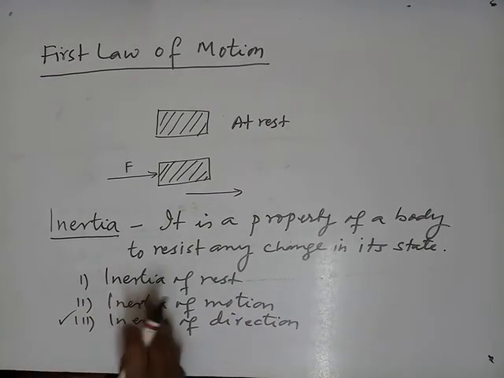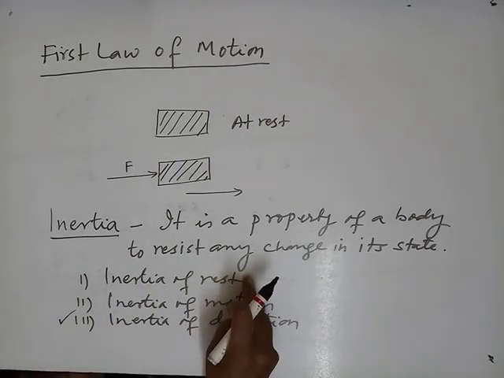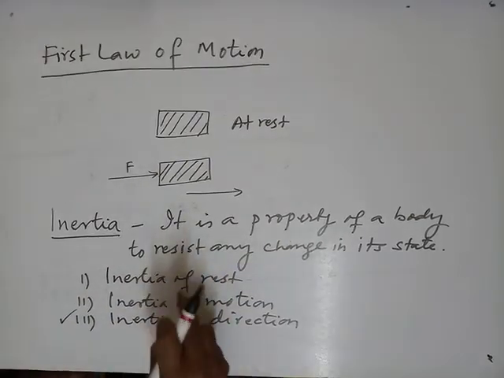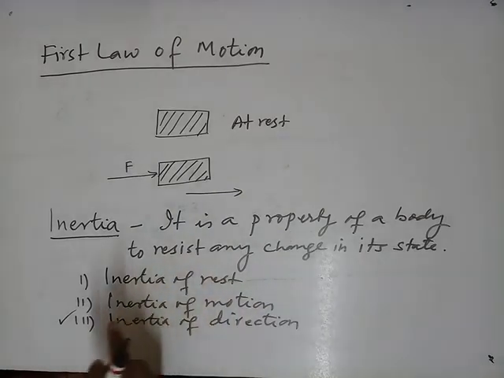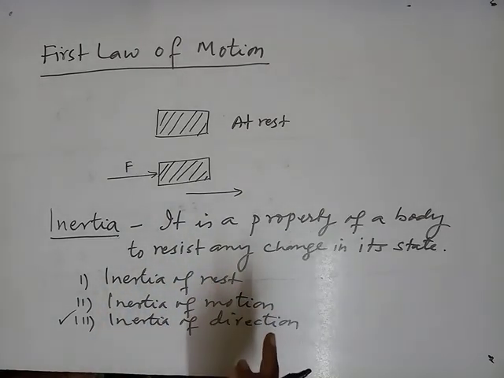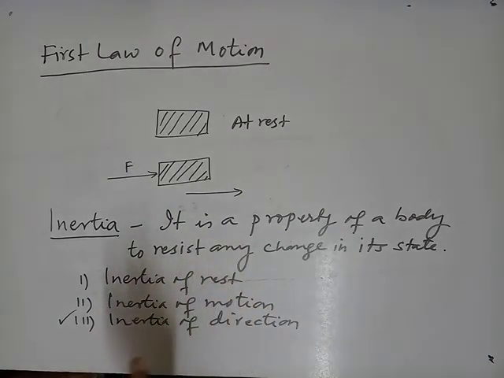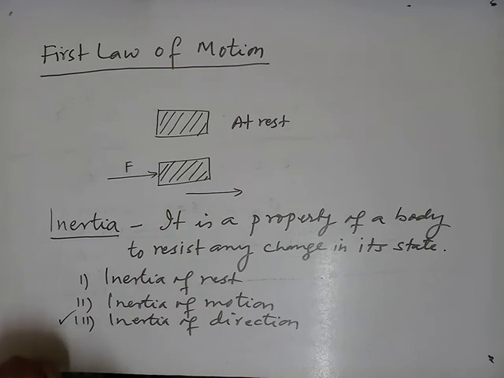So, inertia of rest: when the body is at rest, it will continue in its rest position. In motion, when the body is moving with the same velocity in a straight line, it will continue its motion unless an external force is applied on it.